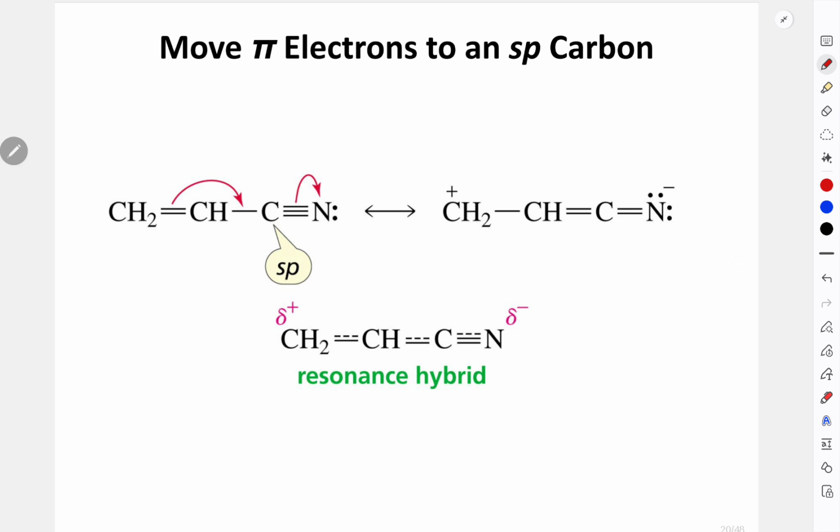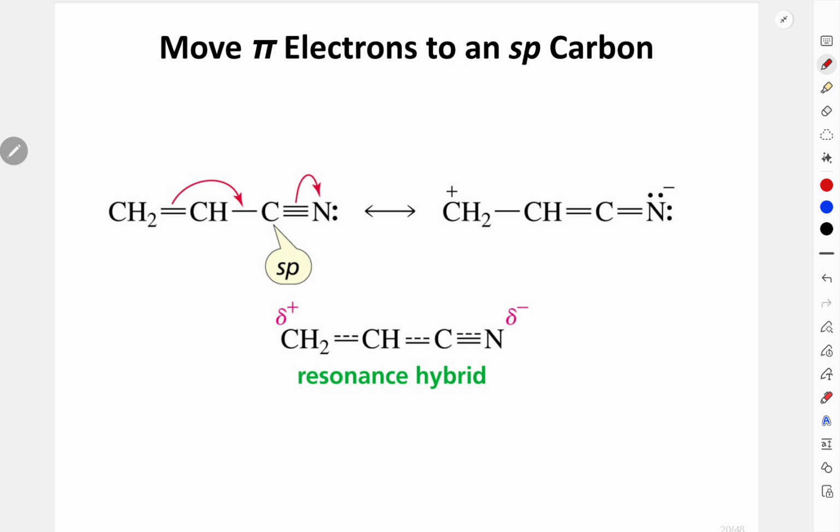Another example, movement of the pi electron to an sp carbon. An sp carbon, of course, has a remnant p orbital, so it can accept the movement of the pi electron from a double bond or triple bond sitting next to it.